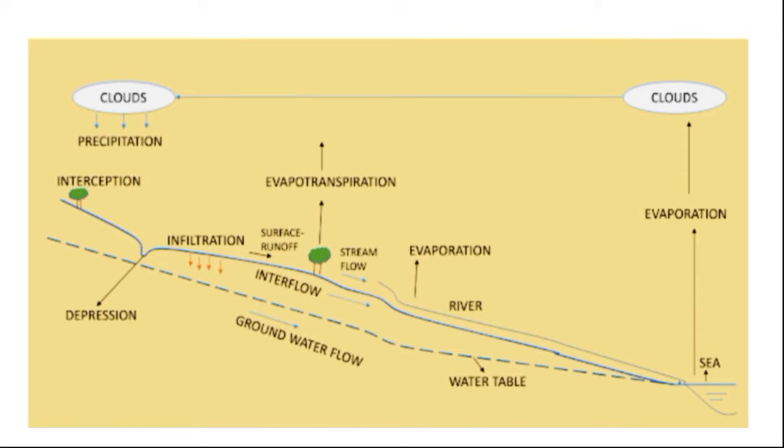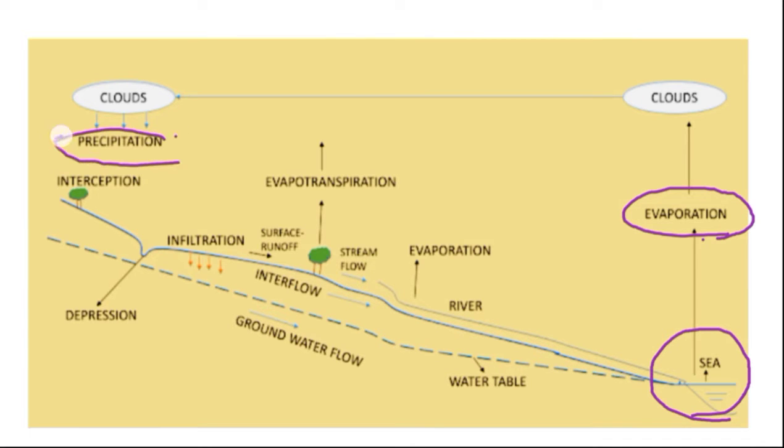As we can see here, water from the sea gets evaporated to the atmosphere, then from the atmosphere water comes to the land in the form of precipitation, and from the land it will go back to the ocean as runoff.